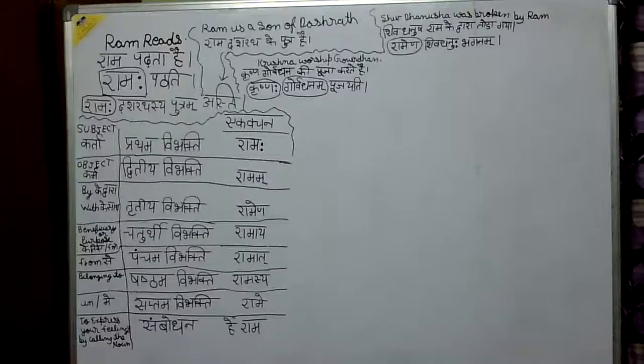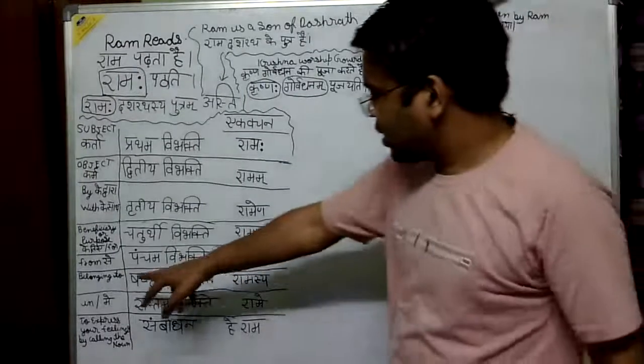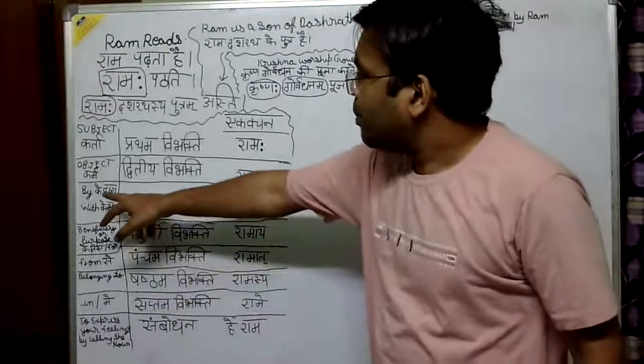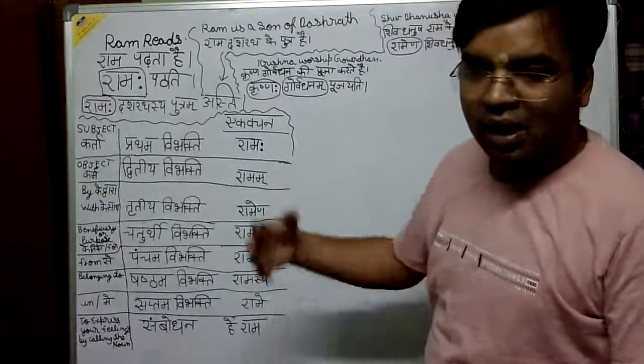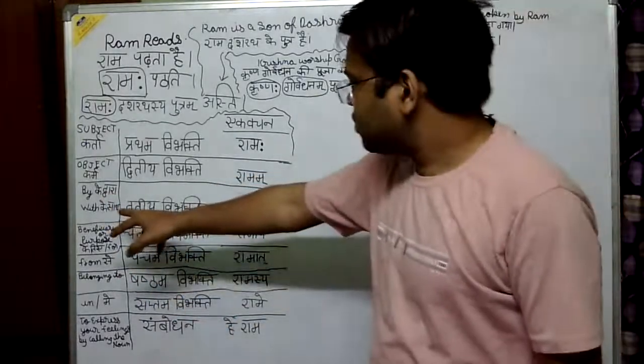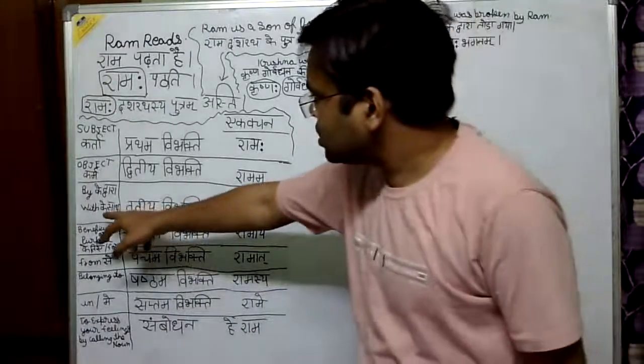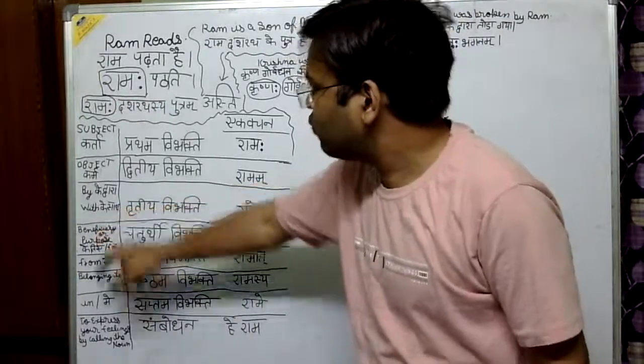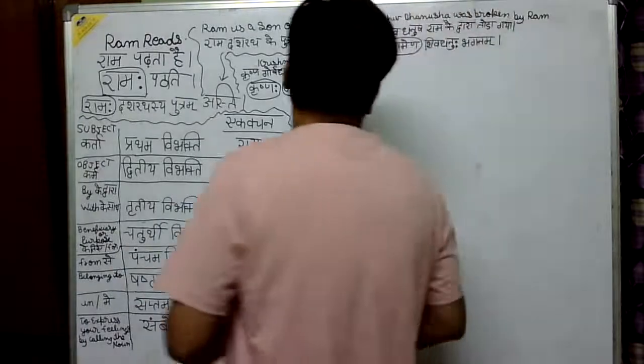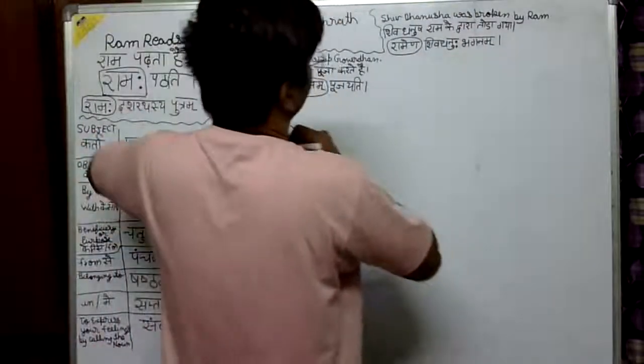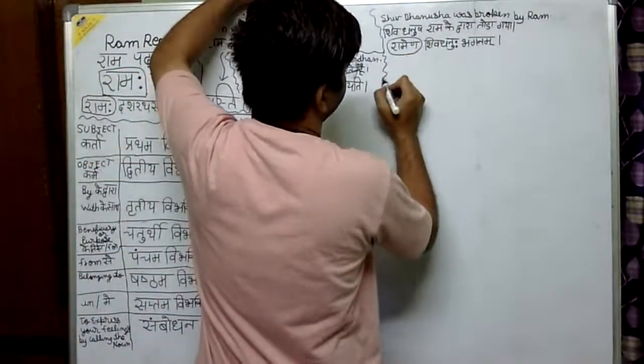And for one type of sentence I have shown you by. The next sentence in which we use Tritya Vibhakti is a sentence in which the word with comes. So for these types of sentences, look here.